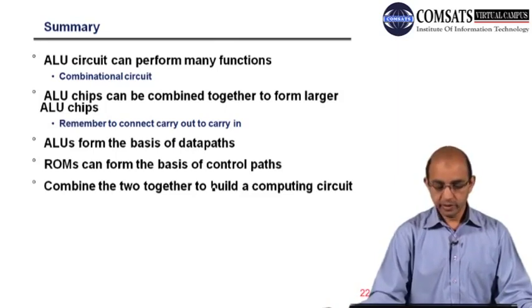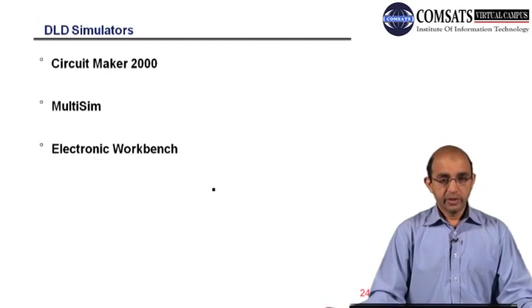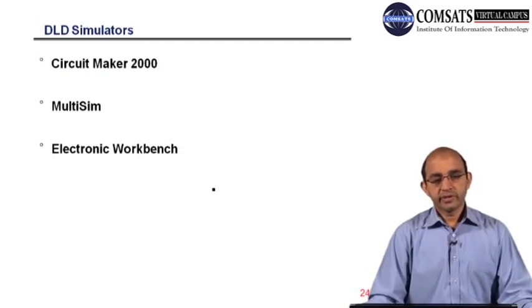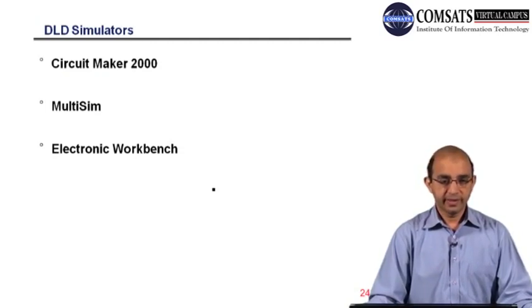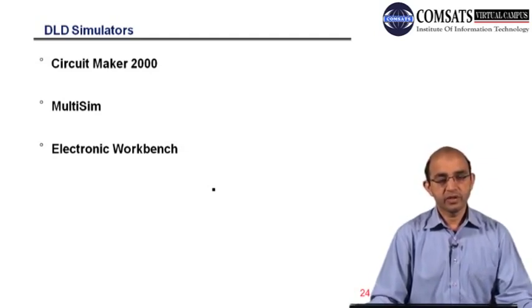So let's move to the other part of this lecture. Whenever we talk about digital logic design, we need to design certain circuitry. But this is not possible physically all the time.